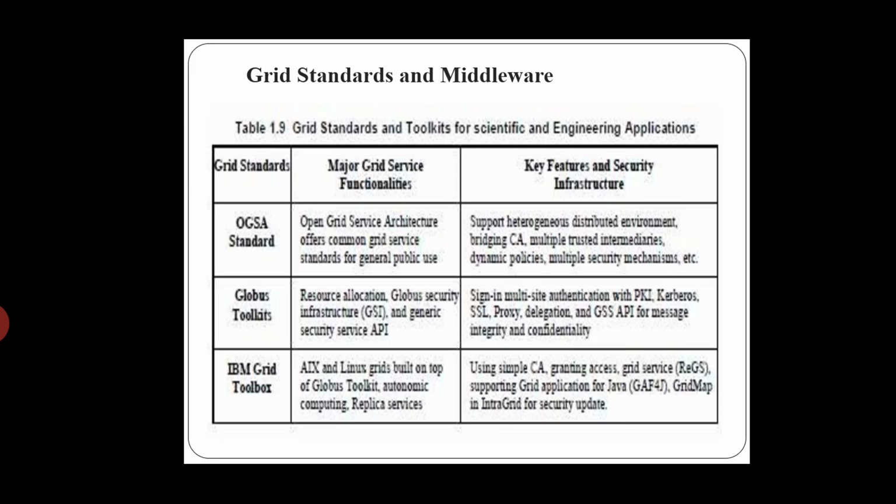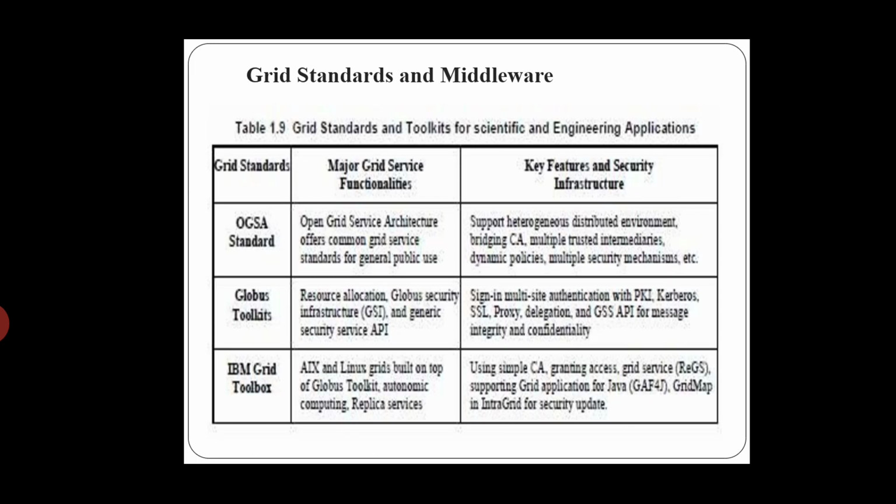The key features and security infrastructure of the Globus Toolkit are single sign-on multi-site authentication, authentication with public key infrastructure, Kerberos, SSL proxy, delegation, and an application programming interface for message integrity and confidentiality.